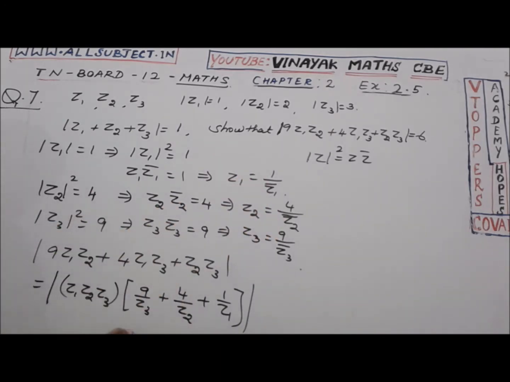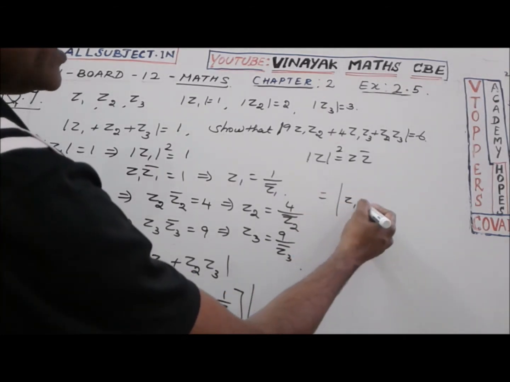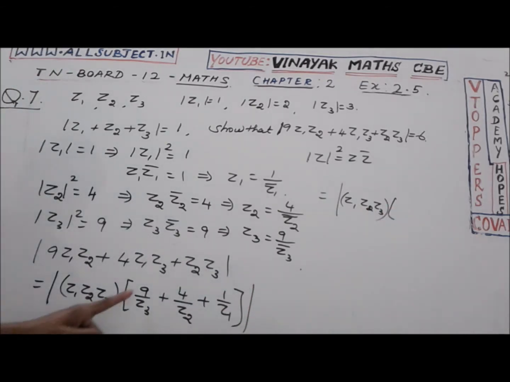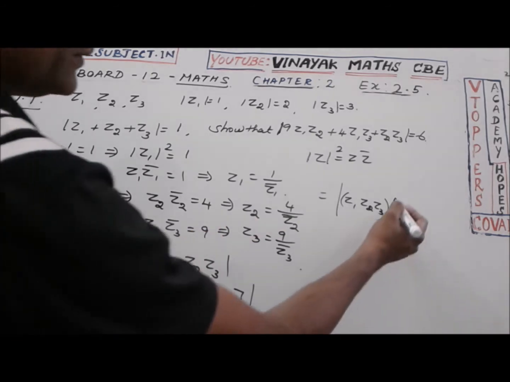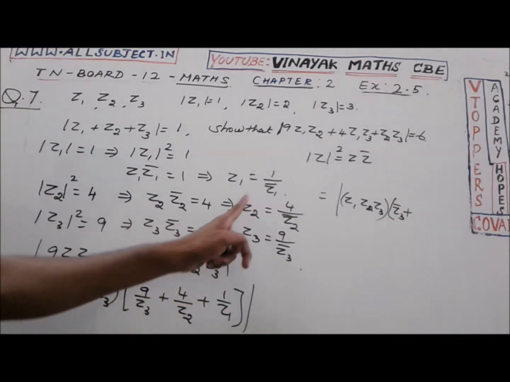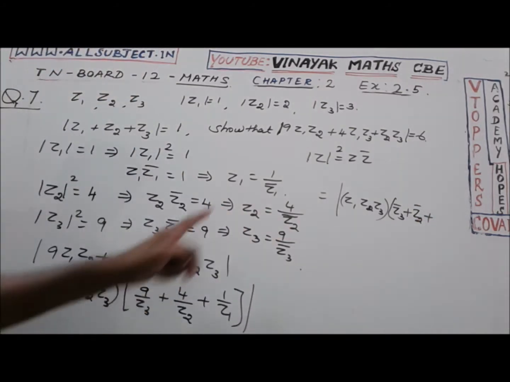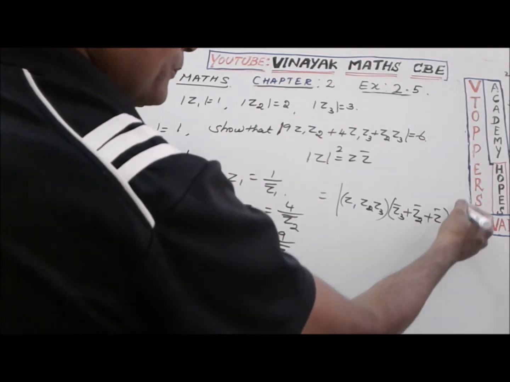So these three are changed, and it becomes modulus of Z1, Z2, Z3 into 9 by Z3, which is Z3 bar, plus 4 by Z2, which is Z2 bar, plus 1 by Z1, which is Z1 bar.